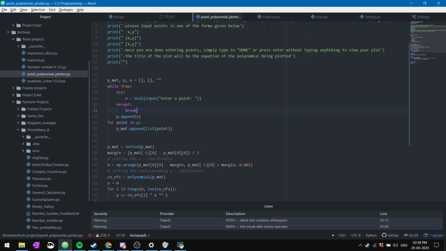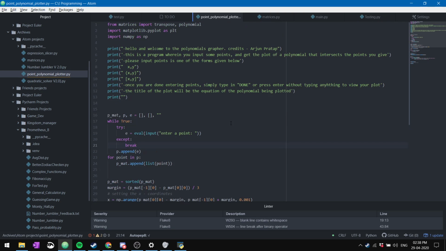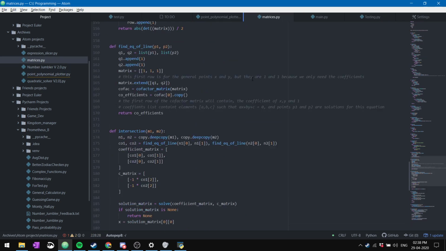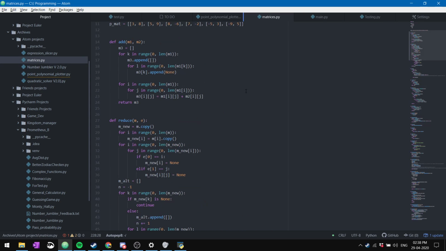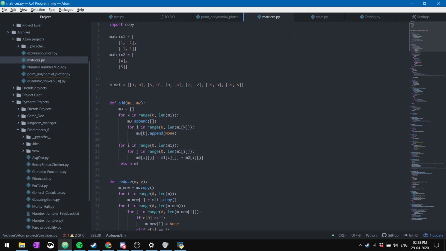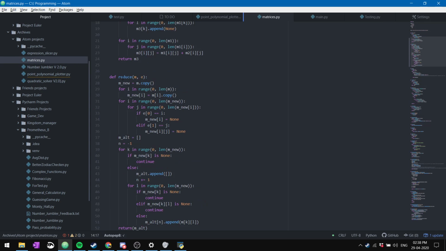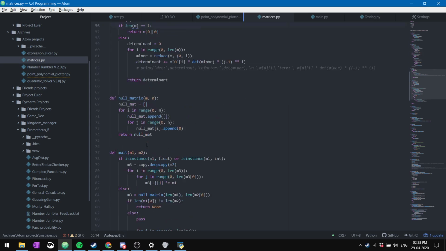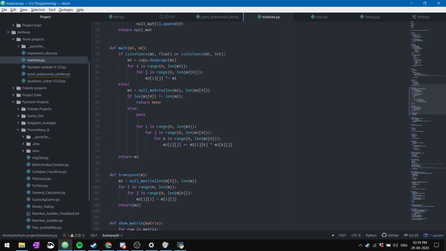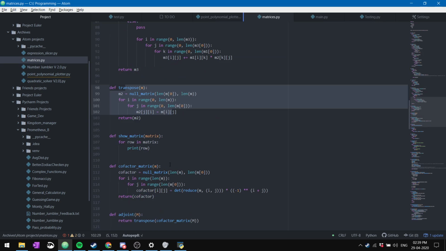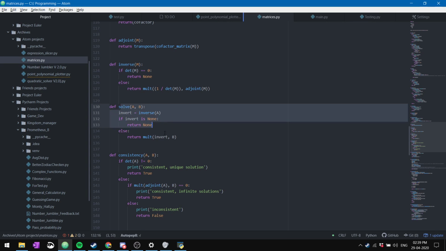And so yeah, basically, I guess I'll explain how I made this. Earlier I made this library on my own of matrix multiplication and different functions. So I defined a bunch of functions like adding 2 matrices, finding the determinant of a matrix, multiplying 2 matrices together, finding the transpose of a matrix, and also one called solve.